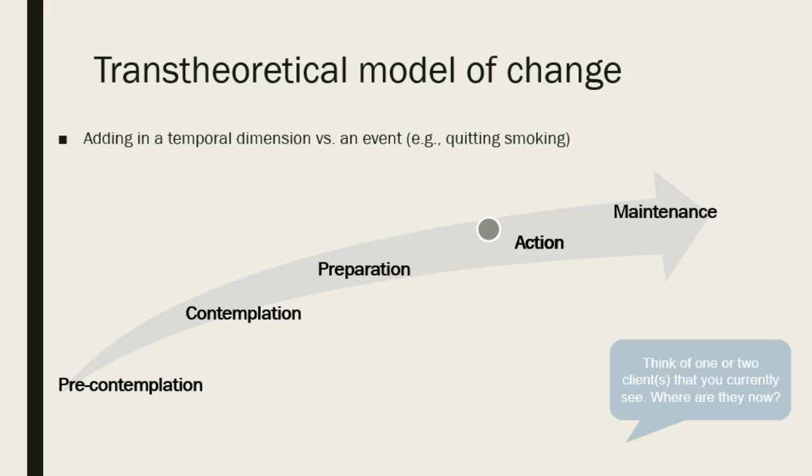So oftentimes, our clients will come to us in this phase. They are being pretty ambivalent, but the fact that they came into your session means that at one point they weighed high the benefits that would come through making a change.